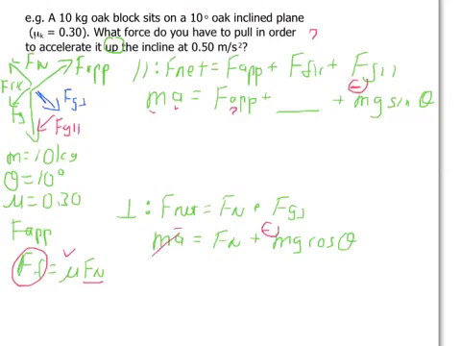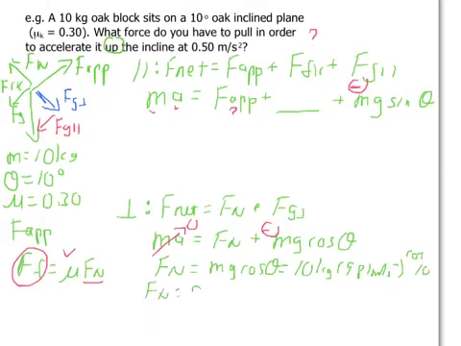As well, the block is not accelerating in the perpendicular direction, so ma equals 0. Rearranging for Fn, Fn equals mg cos theta, which is equal to 10 kilograms times 9.81 meters per second squared times the cosine of 10. Fn equals 96.6 newtons.